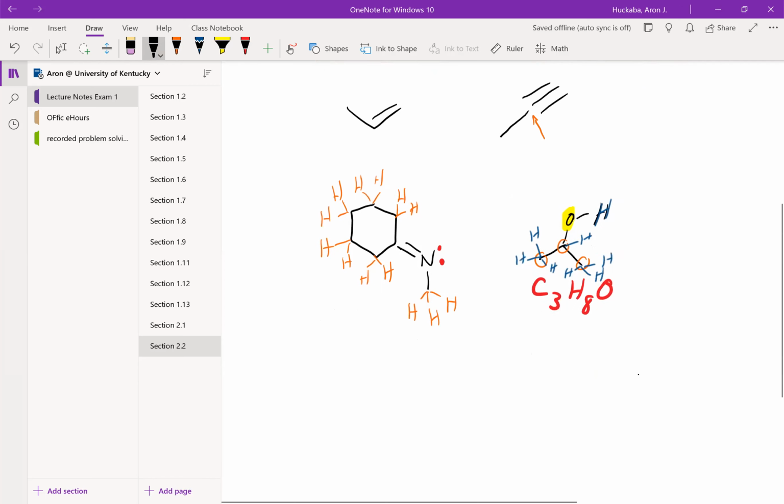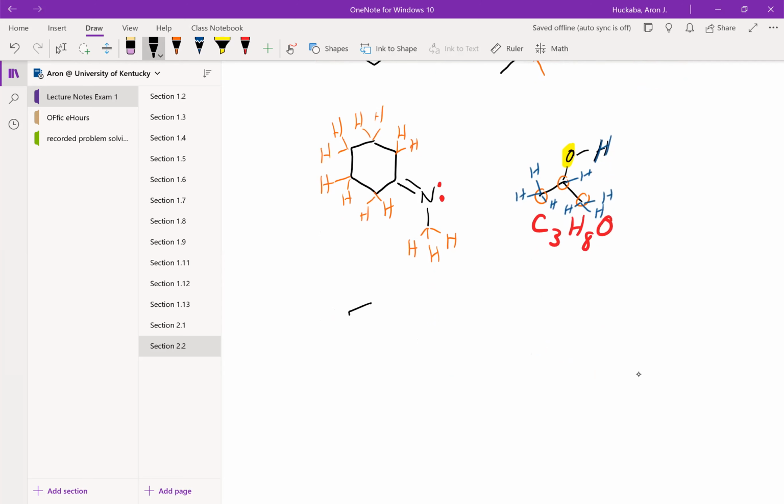Similarly, if we have a ring, for example, this has a formula of C1, 2, 3, 4, 5, 6, C6H2, 4, 6, 8, 10, 12.